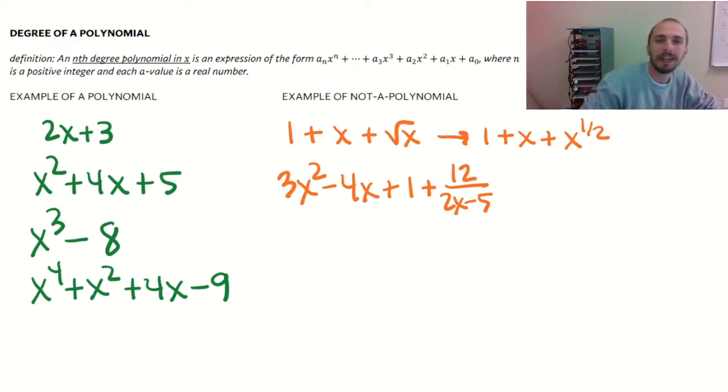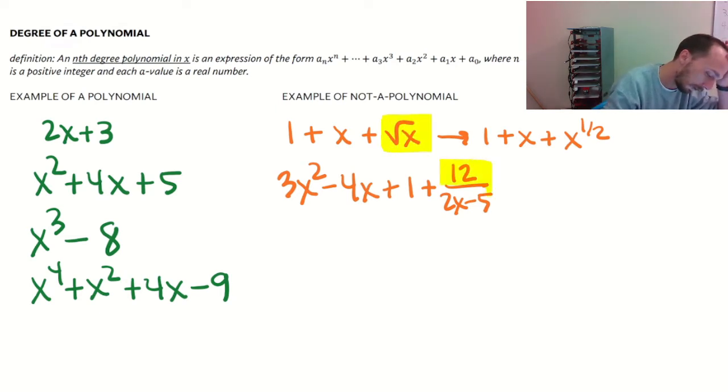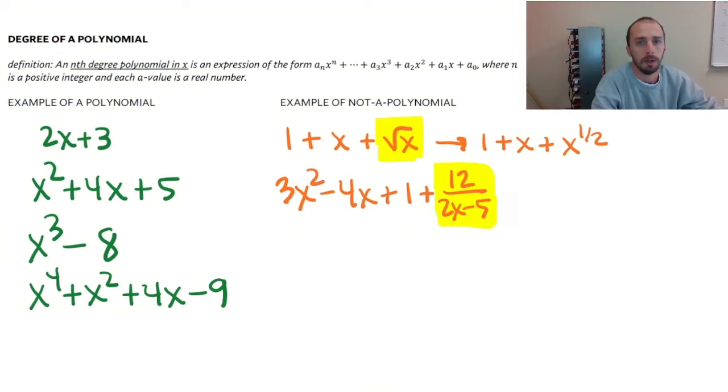I'm not even going to say, but that's like a negative power of x, which is not a positive integer. Okay, so I'm just going to kind of highlight the offending items here that are causing this to not be a polynomial. I could also say that, oh no. Yeah, my tablet crashed suddenly, and I don't remember exactly where I was, but I think I was about here. I had highlighted the offending pieces.